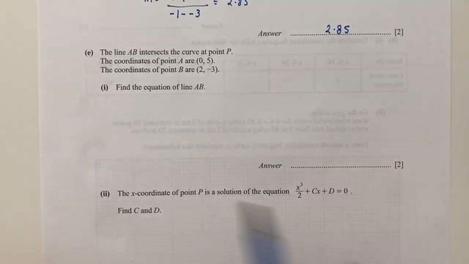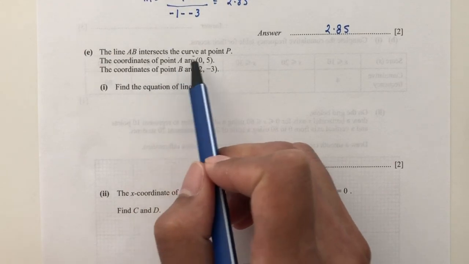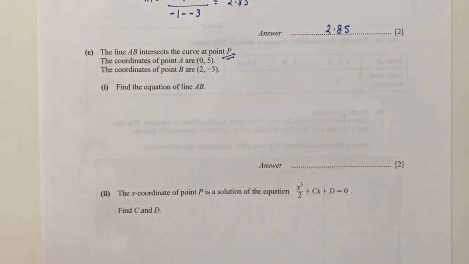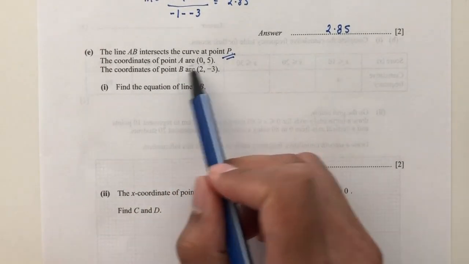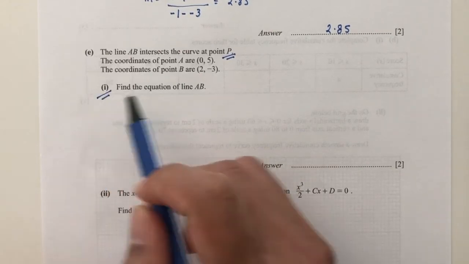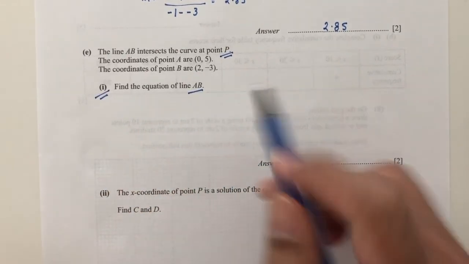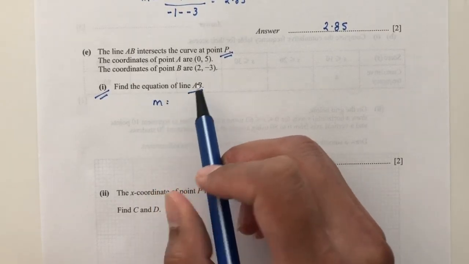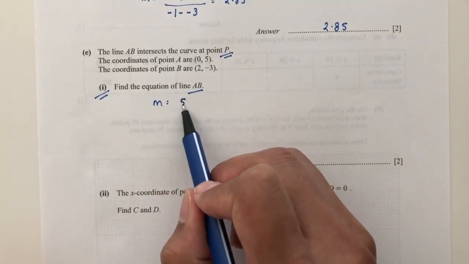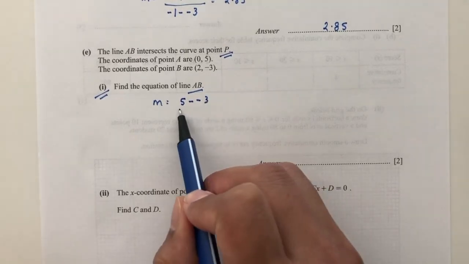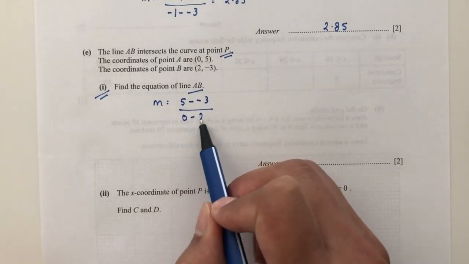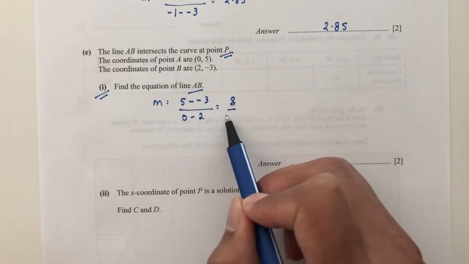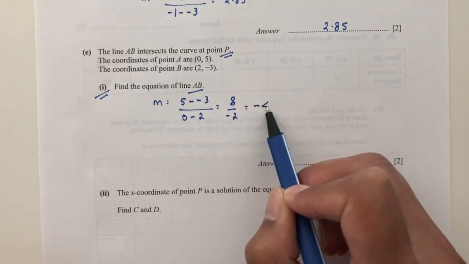Now part E, the line AB intersects the curve at point P. Now we have the 2 points. First one, find the equation of AB. So pretty easy. We have the 2 points, we can find the gradient. It will be y2 minus y1, so 5 minus minus 3 over 0 minus 2. That will be 8 over minus 2, which is minus 4.